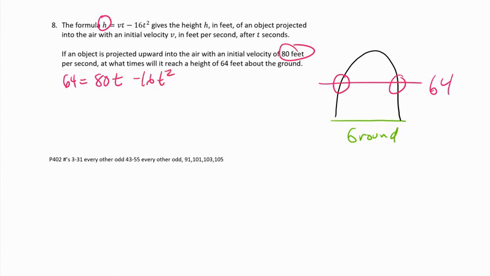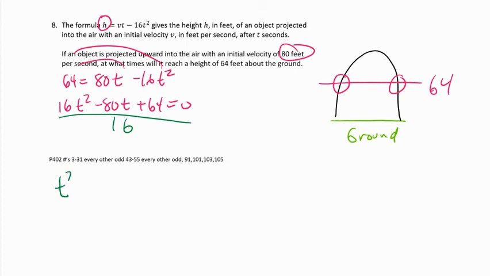I got a quadratic. I want my square term to be positive. So I'm going to move this over and this over. You get 16t squared minus 80t plus 64 is equal to 0. Divide everything by 16. T squared minus 5t plus 4 is equal to 0.